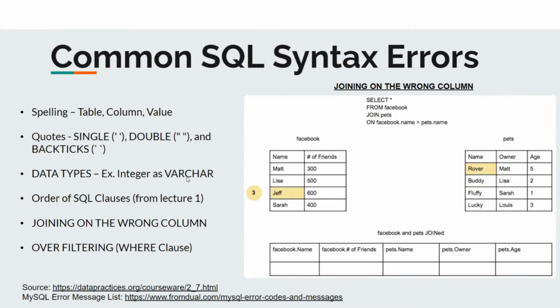An integer and a character just won't know what operation to do. The order of SQL clauses from lecture 1, joining on their own column, or over filtering on the where clause. So while cleaning things up, those are some of the common syntax errors that you might make in your code.